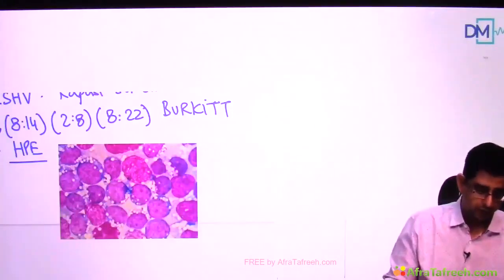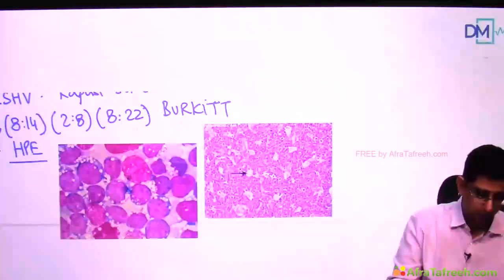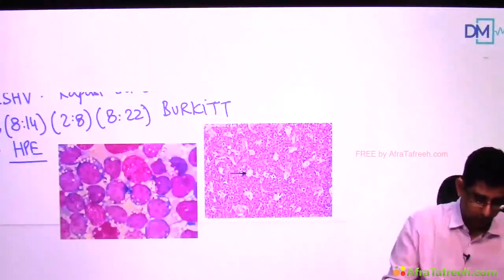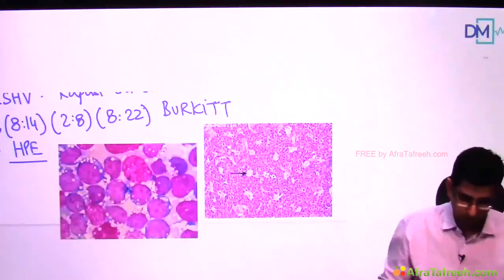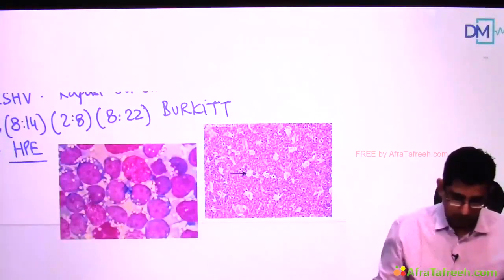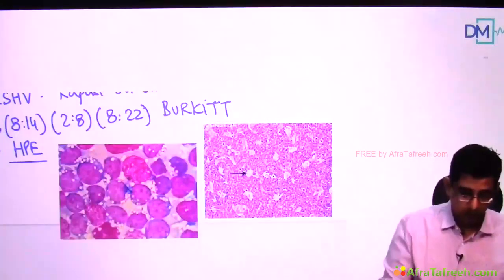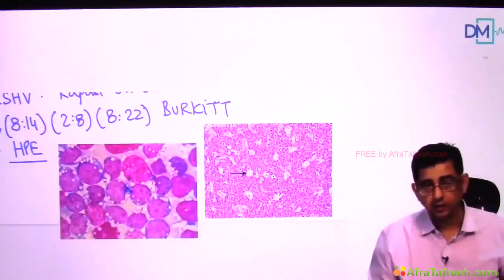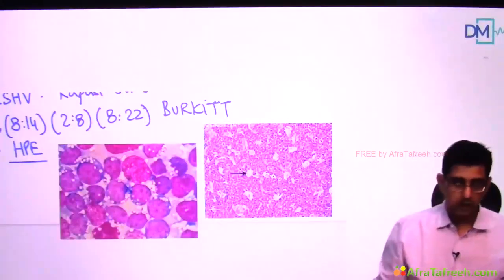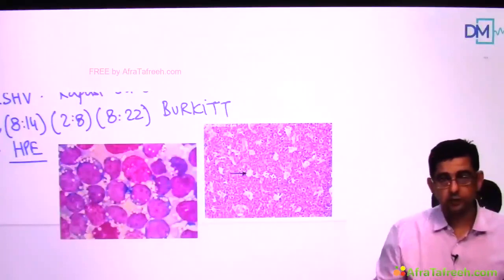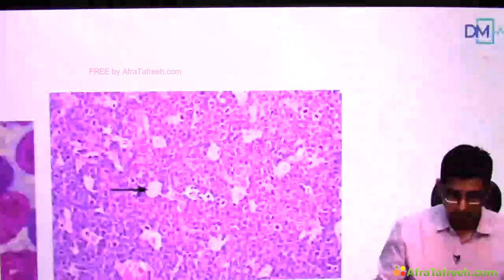This is a magnified view. A less magnified view can also be given to you in the paper with a slide, which would look something like this. Now, what I want you to pick up is that in Burkitt's lymphoma, there are fat inclusions present inside the Burkitt lymphoma cells, and once they're phagocytized by the macrophages, the cells will look totally clear from inside.